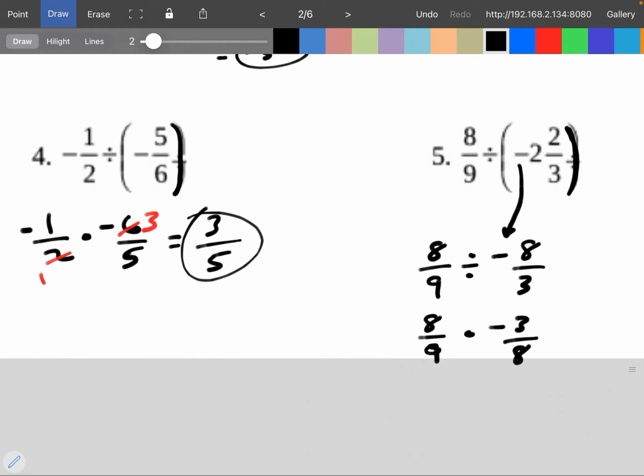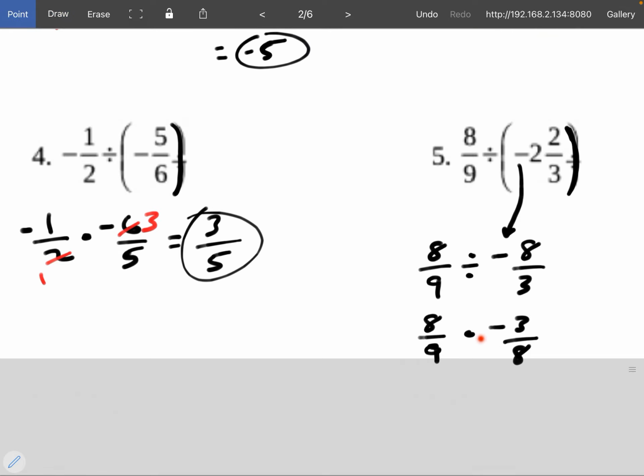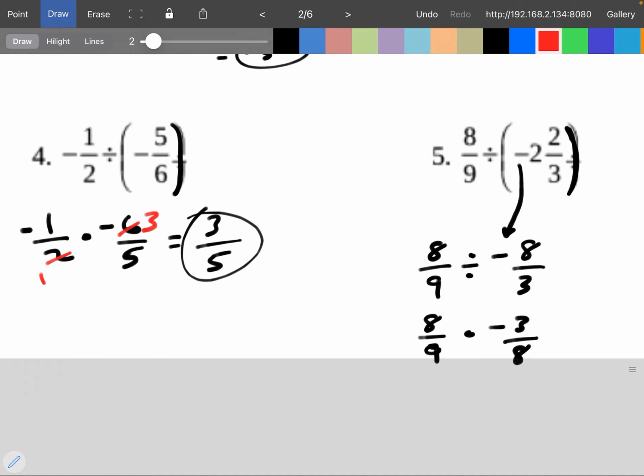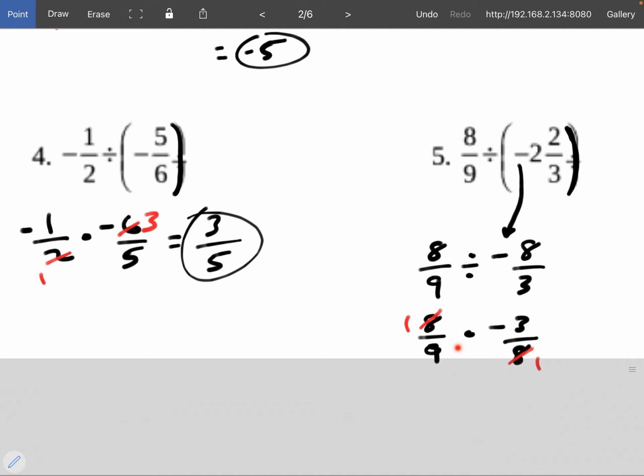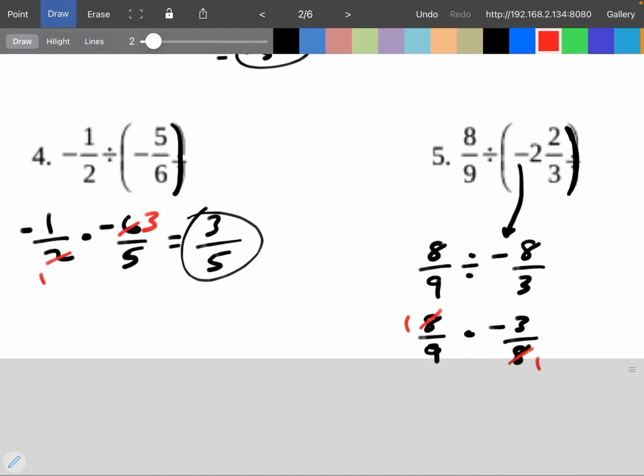Okay, then we can do some cross-canceling here again. These two numbers are both divisible by 8. So 8 divided by 8 here would be a 1, and 8 divided by 8 there would be a 1. And then these two numbers are divisible by 3. So 9 divided by 3 is a 3.